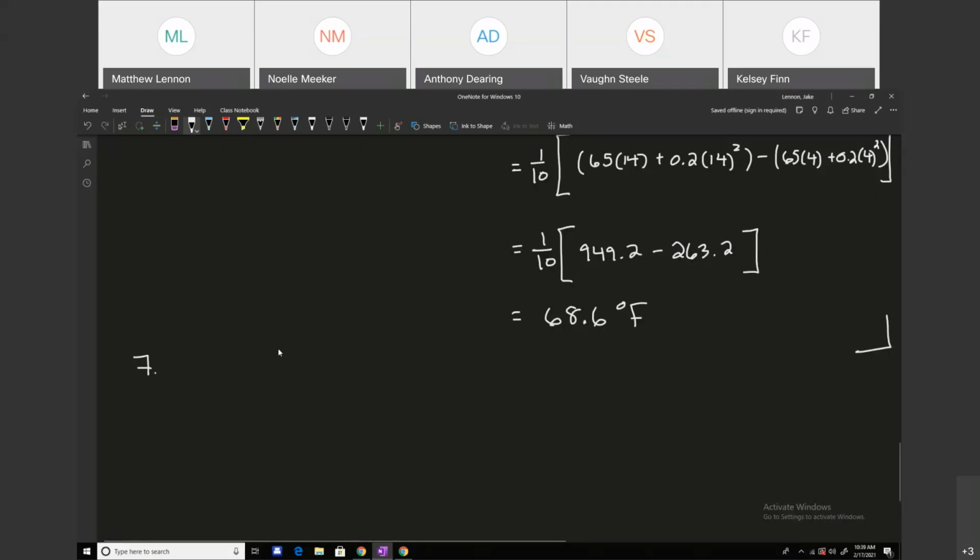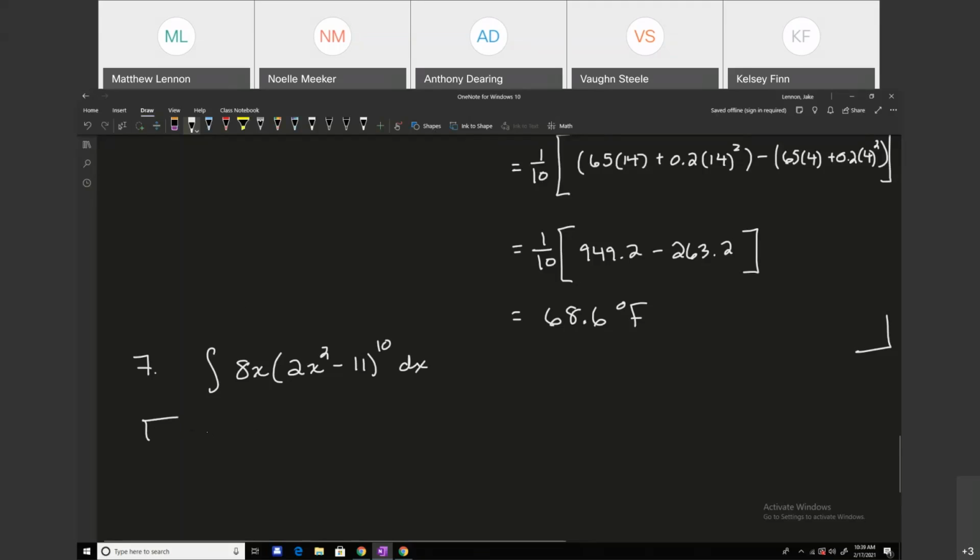So 7, let's say we're integrating, I don't know, 8x times 2x squared minus 11 to the 10th power, something like that.